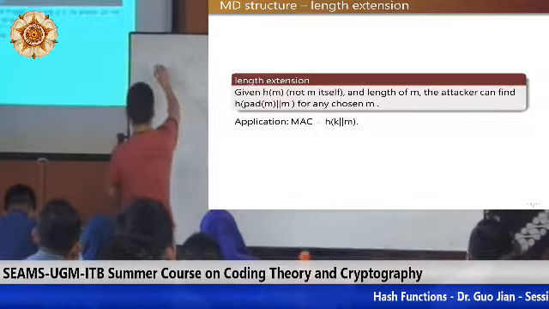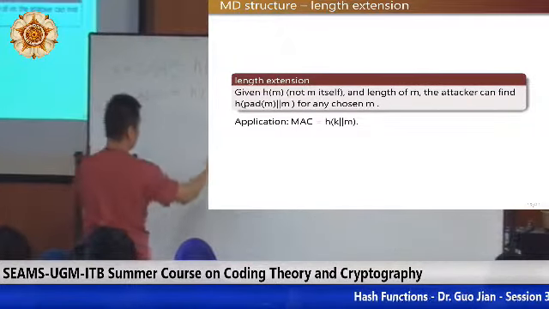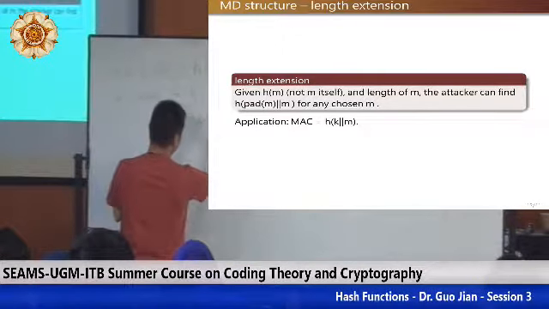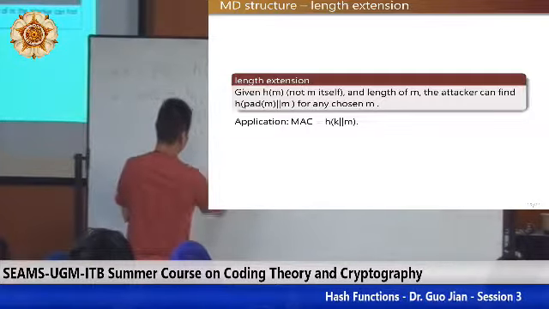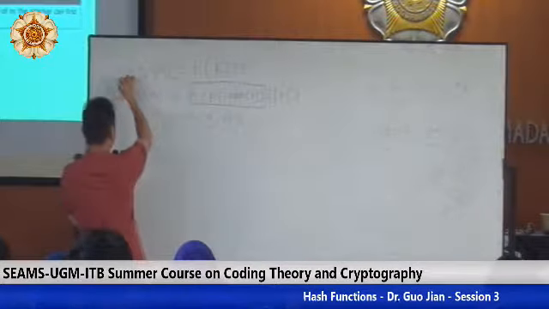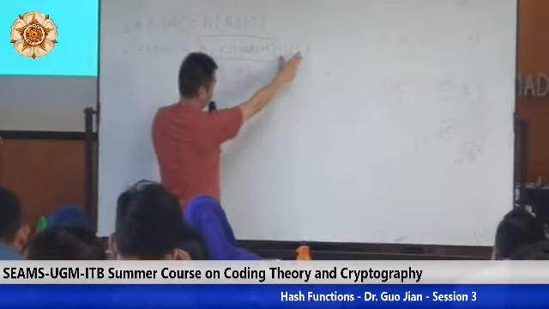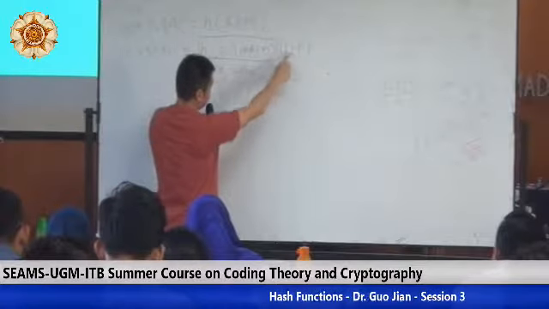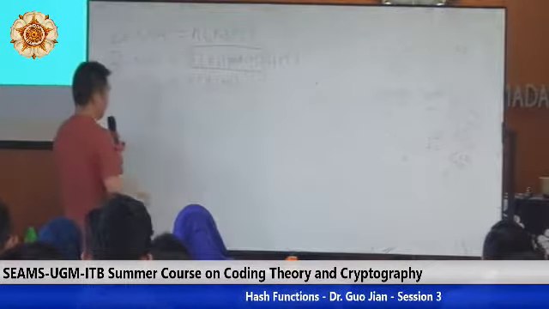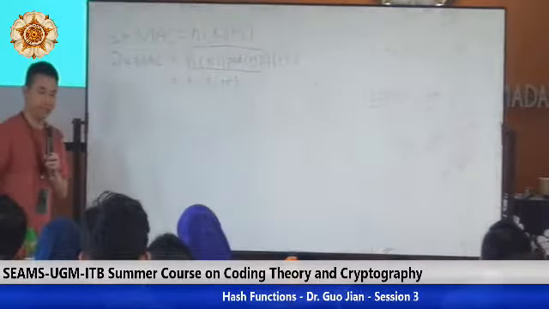If this is, let's say, A, and this is B, I will know B equals the hash of A followed by M prime, because the hash of this part is exactly A. So without knowing the K, I can produce another message, which is the padded M concatenated with M prime, so that this digest can be produced without knowing the K. So this is called length extension.